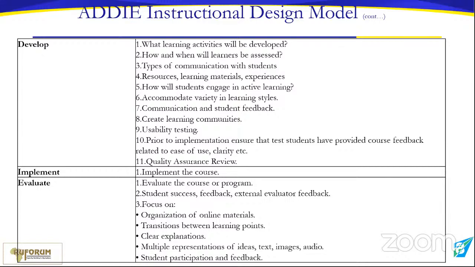Are you going to have some sort of individual activities and so on? How and when will learners be assessed? That's very, very critical. You have to schedule the timing, how and when.